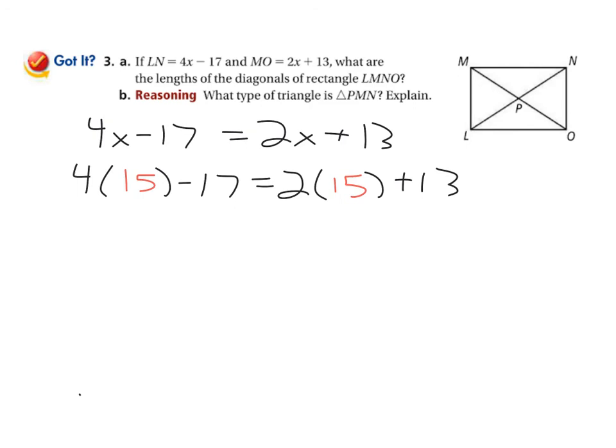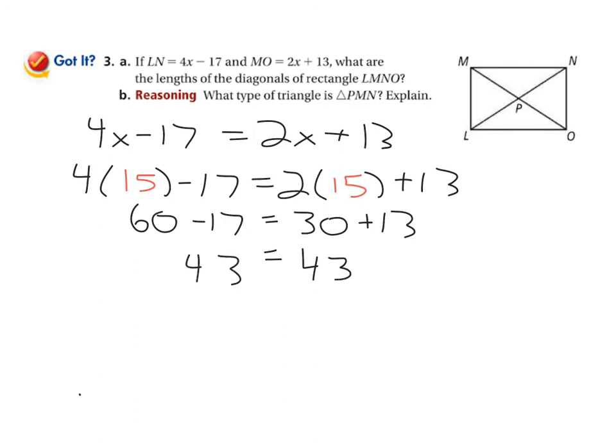So what do we get? 60 minus 17 equals 30 plus 13. That's 43. 60 minus 10 is 50. 50 minus 7 is 43. 43 equals 43. Check. Okay.